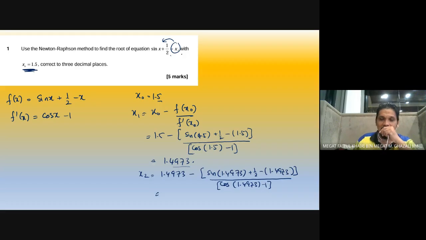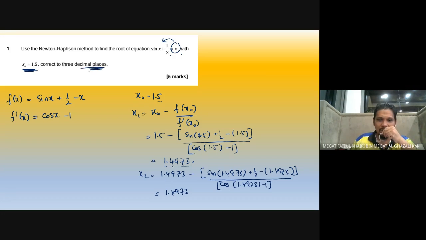Let's see if the result gives exactly the same as 1.4973. Press the calculator. According to the answer scheme, yes, it gave you 1.4973.